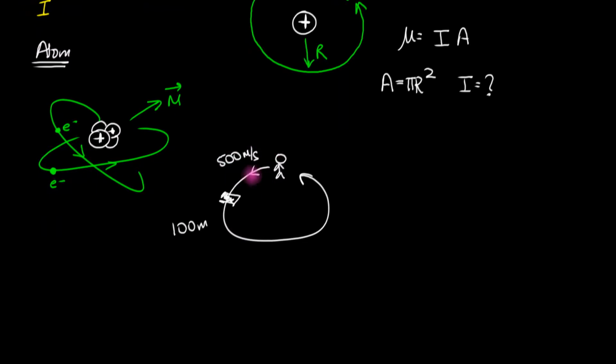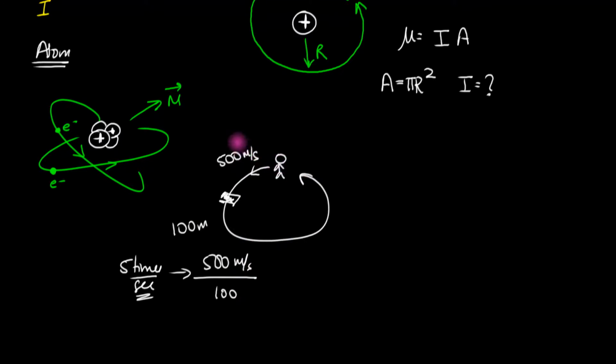His speed is 500 meters per second, and for that reason, he's going to make 5 rounds per second, isn't it? So in 1 second, he's going to pass 5 times. And that number 5 you got by just dividing 500, that's the speed, by the length of the loop.